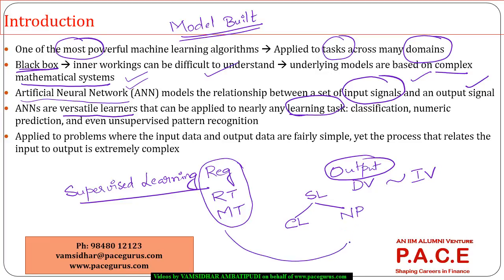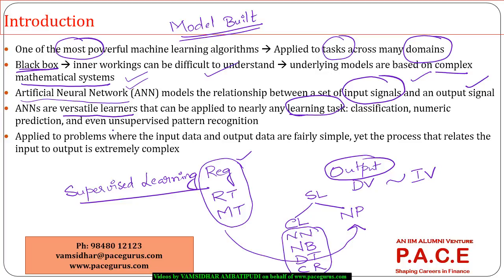Under numerical prediction, till now we have looked at regression trees, model trees, etc. Under classification, we talked about nearest neighbors, naive Bayes, and we also looked at decision trees and classification rules. These all come under the classification model, and these come under the numerical prediction model. But neural networks, I can put into either of them.